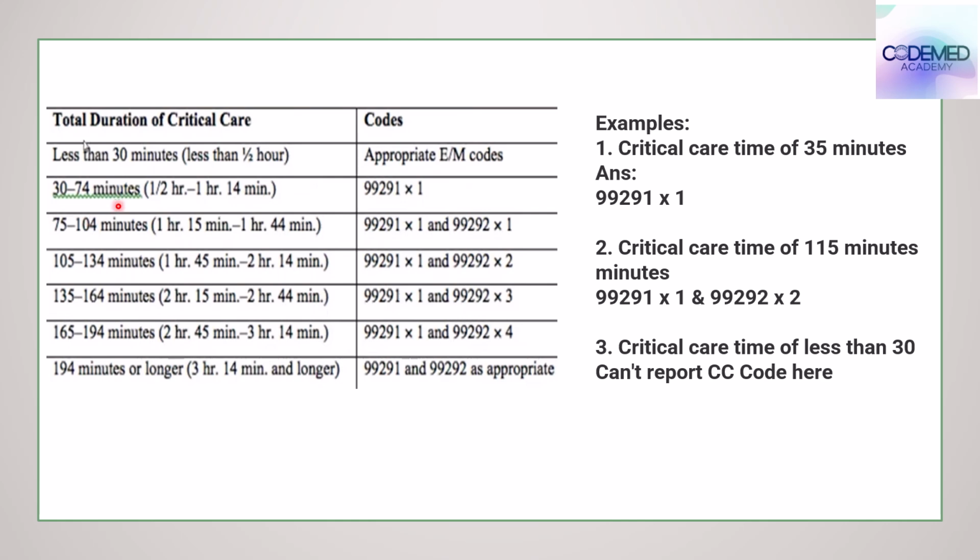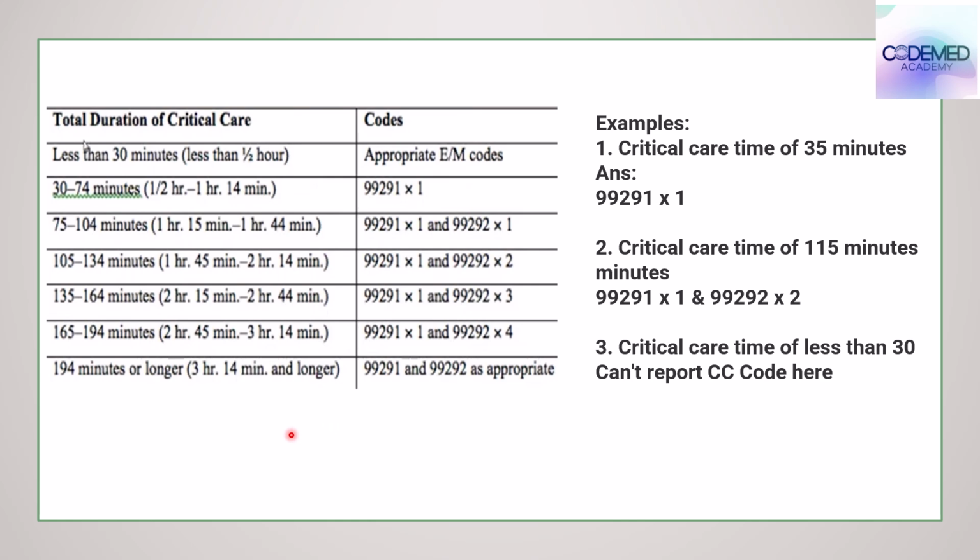If the service is 30 to 74 minutes, then we write the code 99291. Then if the service is between 75 to 104 minutes, then we will write 99291 and 99292. You can multiply it by 1, or you can just leave it by writing 99291 and 99292. So this is how we calculate.